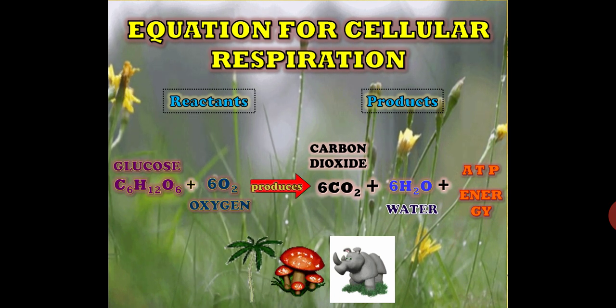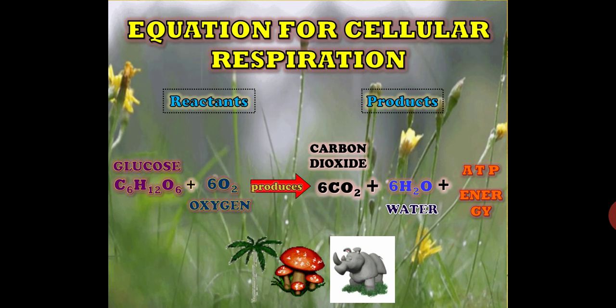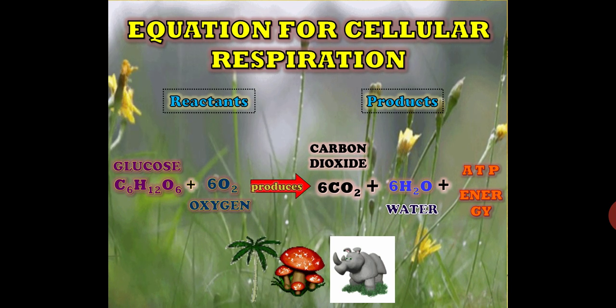So, parehas silang, ang chloroplast at mitochondria ay parehas nagpo-provide or nagpo-produce ng energy. What is the energy source that is created? So, ano nakikreate na energy? Glucose is converted to ATP or adenosine triphosphate.